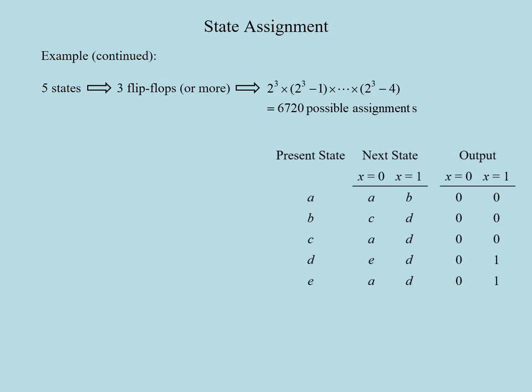Once having fixed the value of one of the states, we can assign a binary value to the second state other than that we used for the first one. Proceeding in this way, we can conclude that the number of possible state assignments are the product of integers from 8 down to 4. In other words, 6,720. Considerably large even for such a small number of states, isn't it?